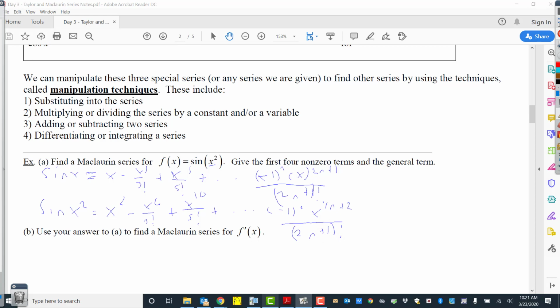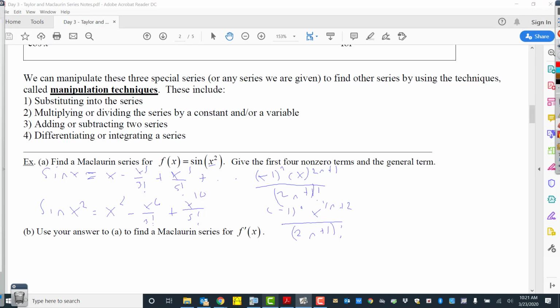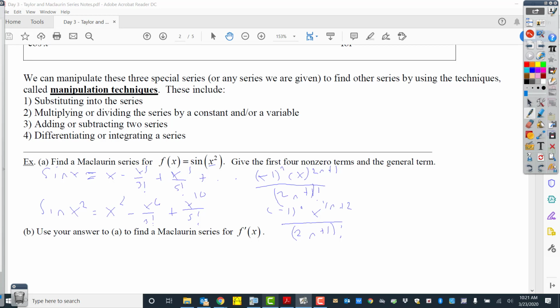So first 4 non-zero terms. I should have one more non-zero term here. That's on me, didn't read the instructions clearly. So let's go ahead and add one more non-zero term there. So we have minus x to the 14th over 7 factorial.